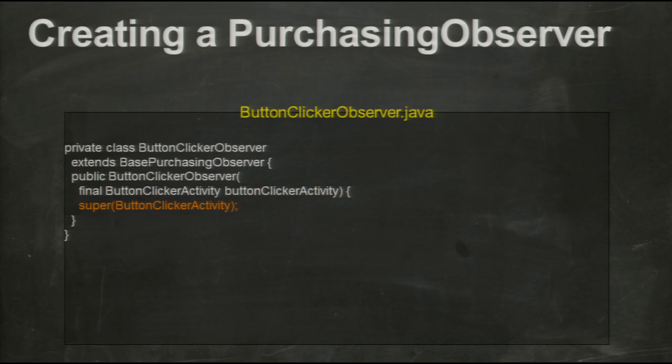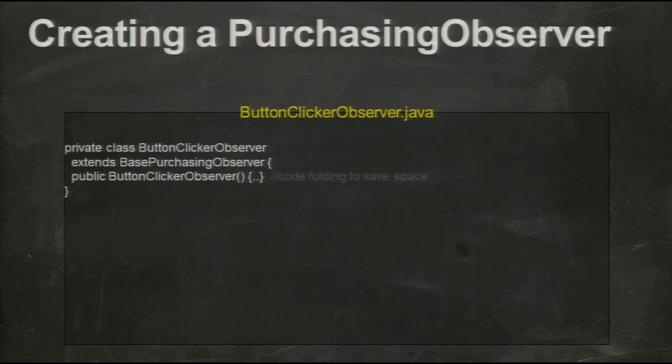We're going to call super so that we get all of that baked-in functionality. We're going to set our base activity to the activity that was passed in. And that's it. That's all the code. That is a purchasing observer.